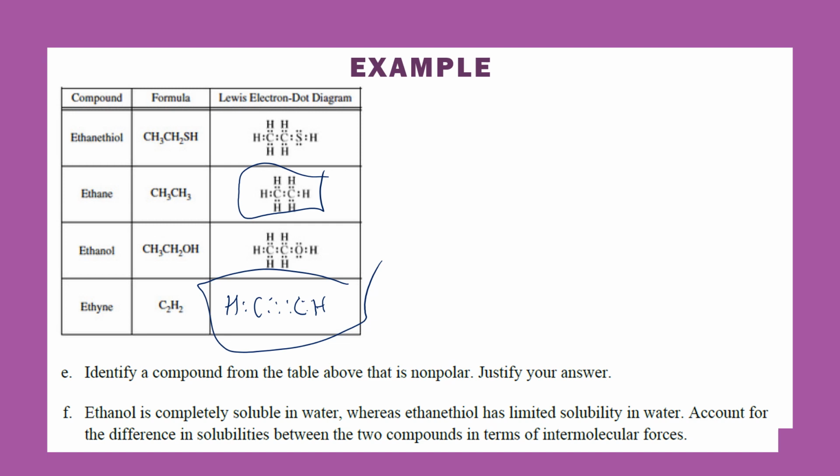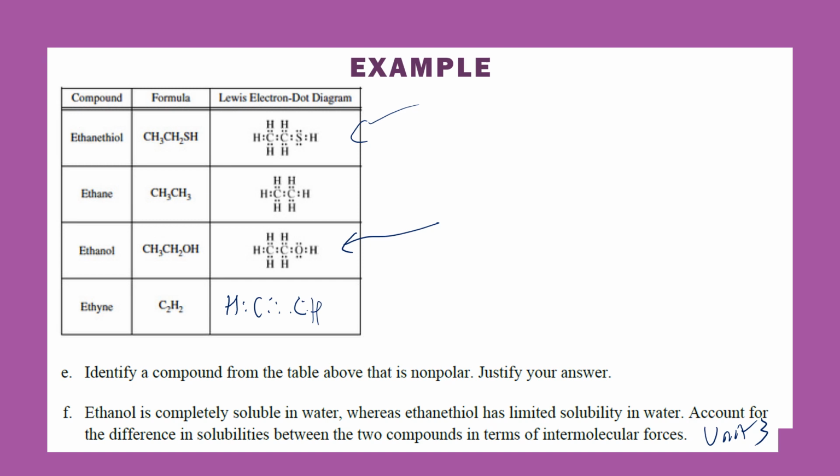And then for part F, ethanol is completely soluble in water, whereas ethane thiol, which is this top one, has limited solubility in water. Account for the differences in solubilities between the two compounds in terms of intermolecular forces. This is definitely a Unit 3 question, but I'm going to answer really quick.